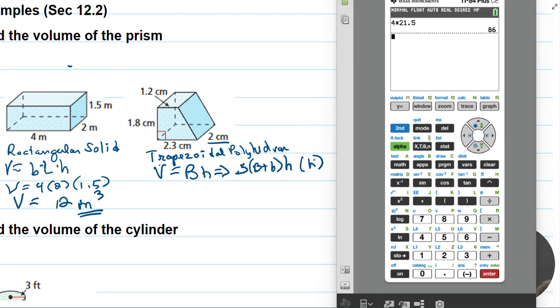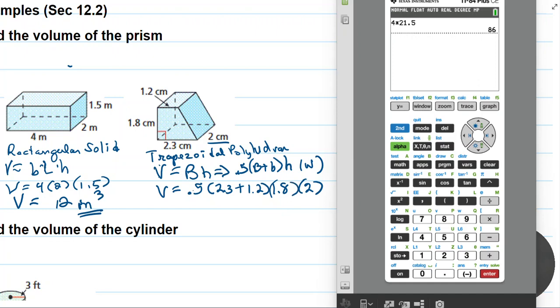We should put width. I'm going to put width because it's 2. So this one's going to be 0.5 parenthesis 2.3 plus 1.2 times the height of 1.8 times the width, which was 2.